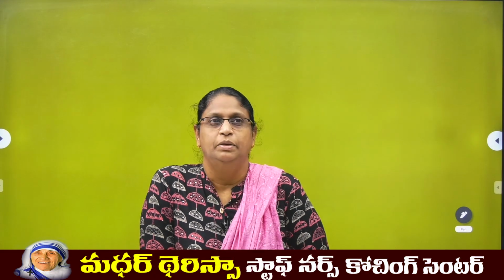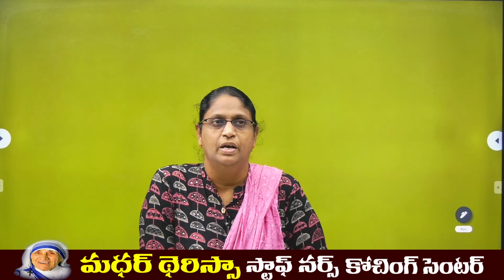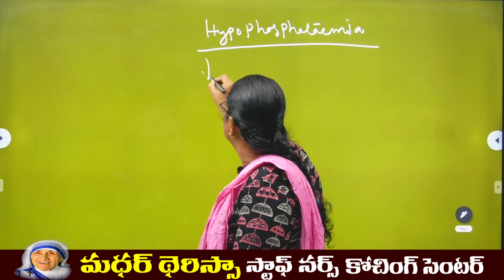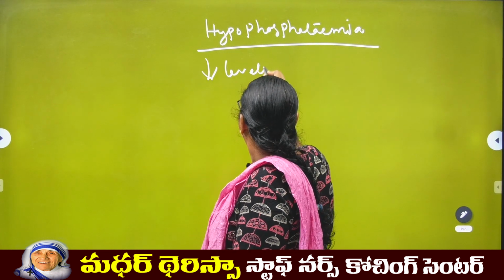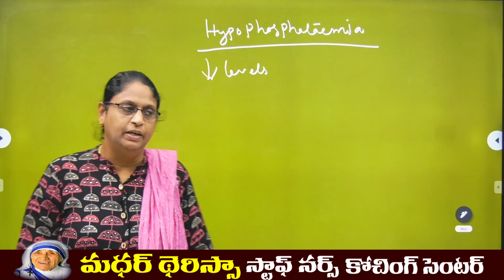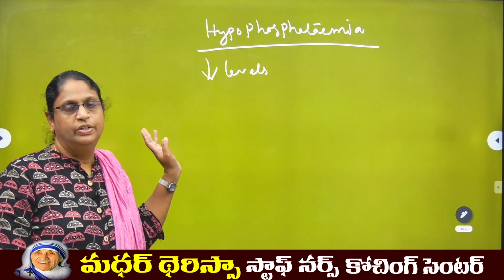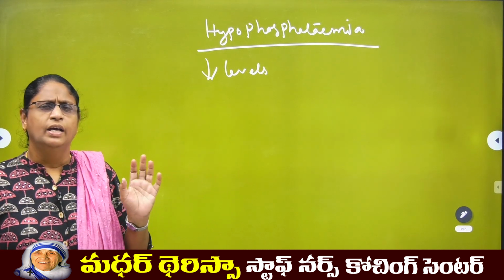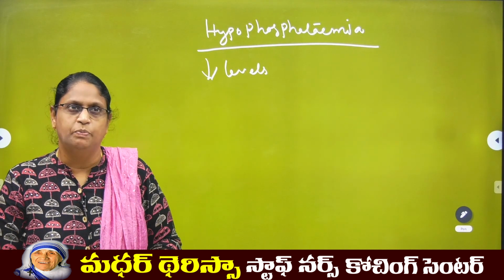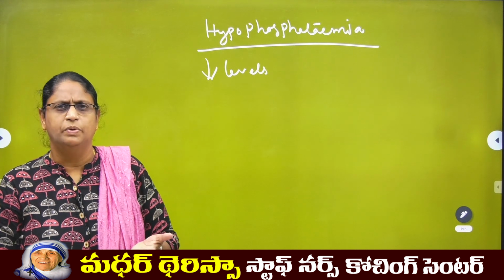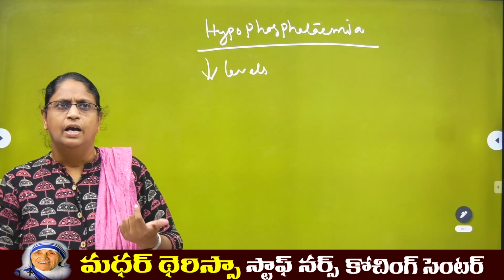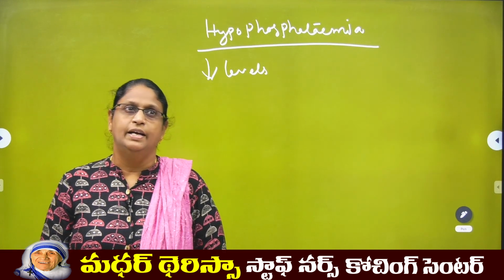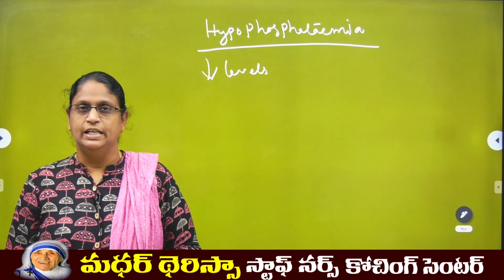And the fourth electrolyte imbalance is hypophosphatemia. So it is understood, hypo means decreased levels, and phosphatemia means the circulating blood phosphorus level is going to get reduced. Generally, phosphorus in the circulating blood helps in numerous biological processes, including energy production, bone mineralization, and cellular signaling.